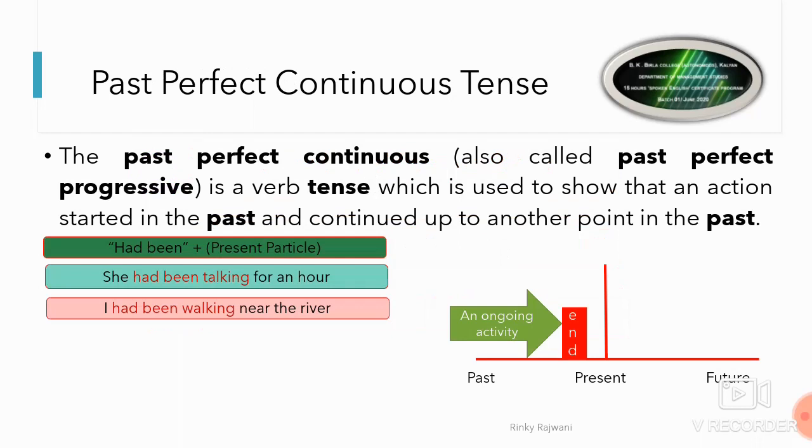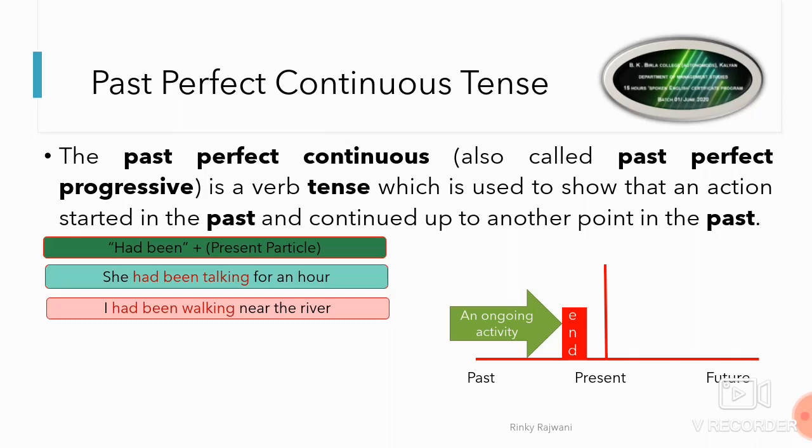Let's move to the next one, that is past perfect continuous tense. It is also called past perfect progressive. Continuous means progressive. This is the verb tense used to show that an action started in the past and continued up to another point in the past.